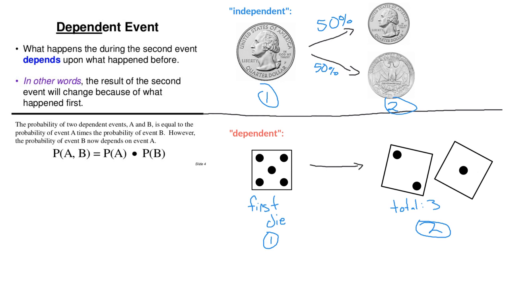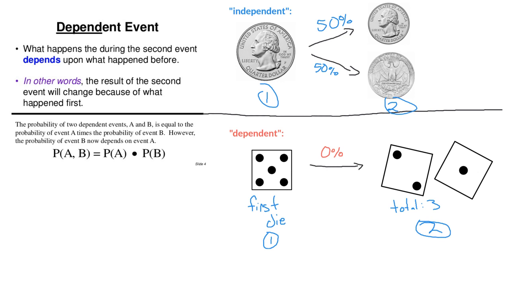What do you have to roll on the second die to get a total of 3? If you're thinking, hey, wait a minute, I can't do that without negative die numbers, you're totally correct. There's actually a 0% chance that if you roll a 5 on the first die, you're going to be able to come up with a total of 3. It's just not going to happen, right? There are no negative numbers on dice.